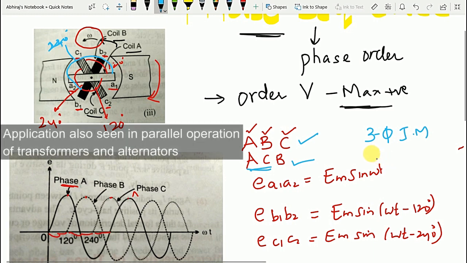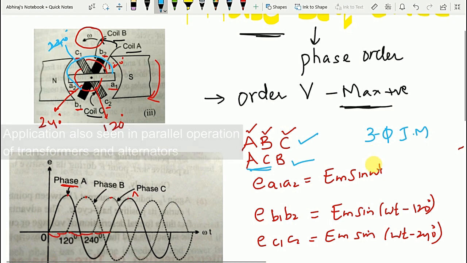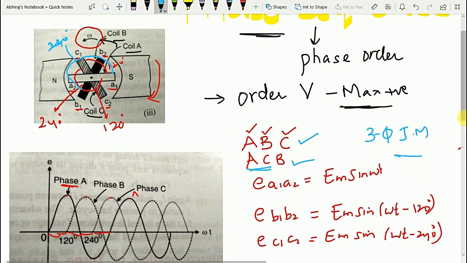The phase sequence can also be reversed by changing any two of the three lines. Let me draw the diagram here.